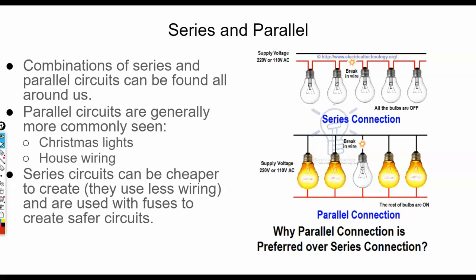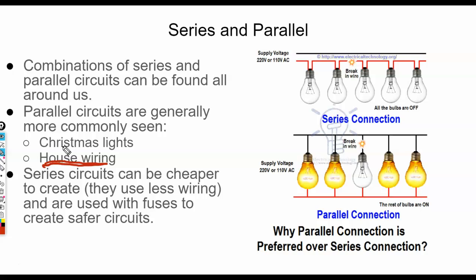The other most common example of where you see parallel circuits is your house wiring. If you imagine the circuit in your house, when you plug something into the wall, you use a plug or an outlet, those are usually a parallel circuit.